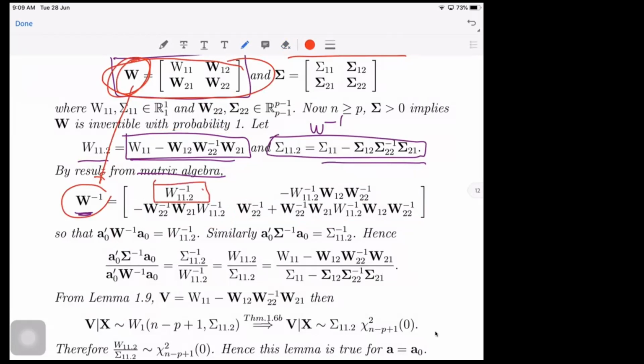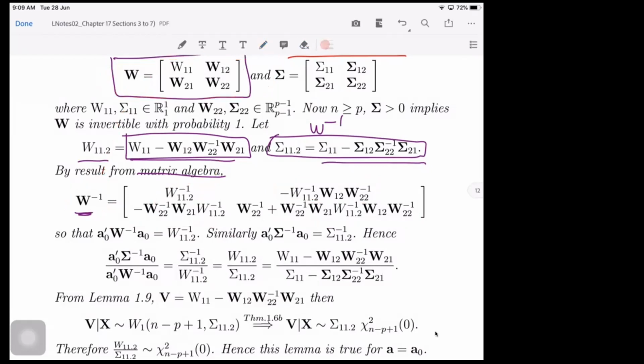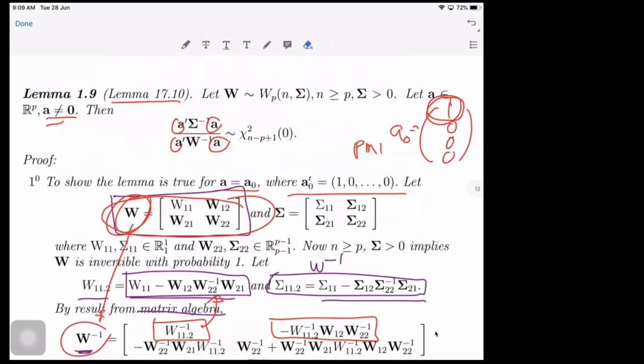This one, which is the inverse of that. This one, and then this one, until here, and this one. So those are the components of the inverse. So if we look at the denominator rather, this one.